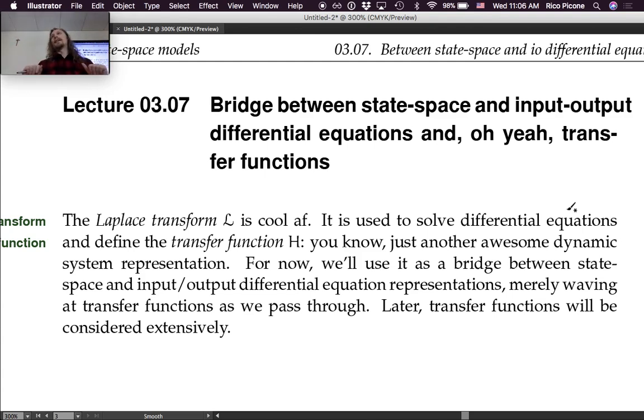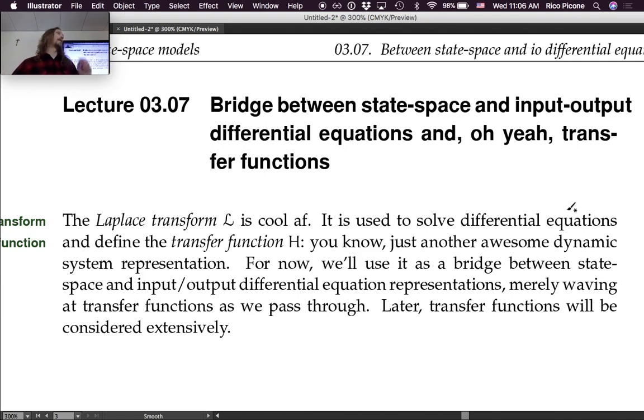We learned how to simulate them, but we didn't really have any discussion of how to go in between these two models. I'm going to teach you how to go one direction, which is from state space model to an input-output differential equation today. And we're going to pass by another system representation.